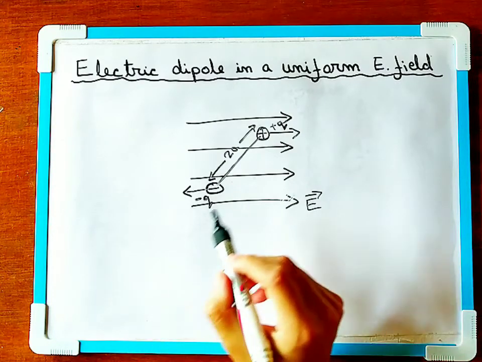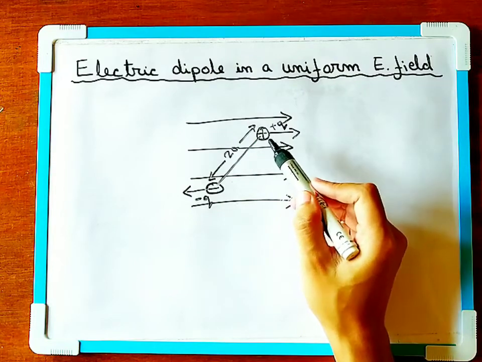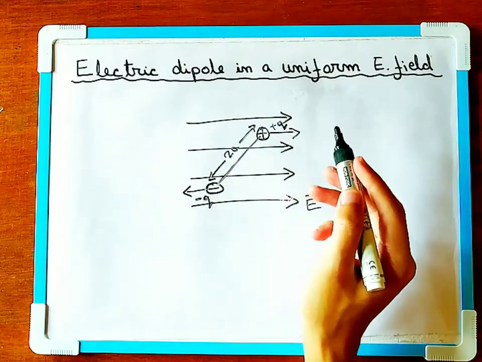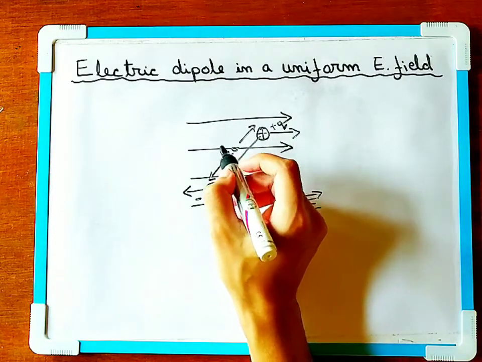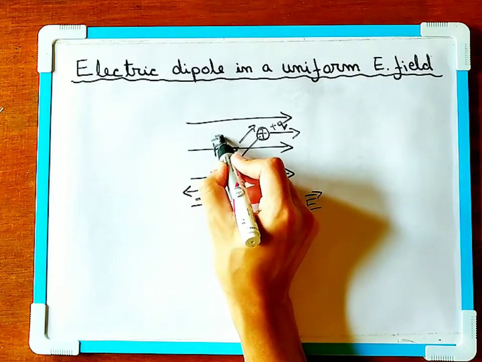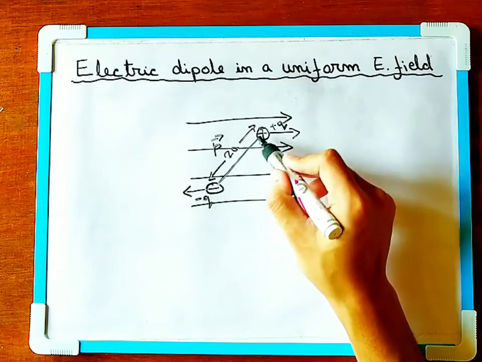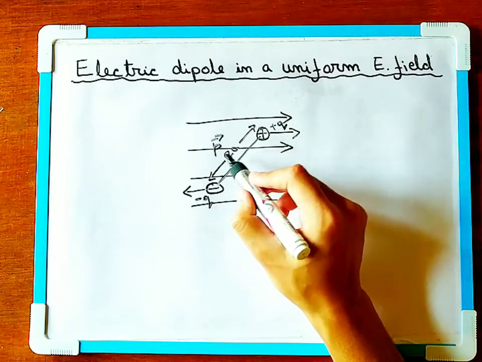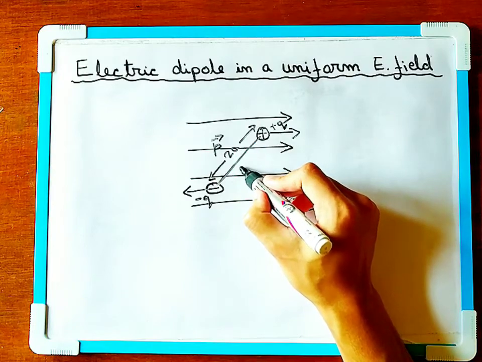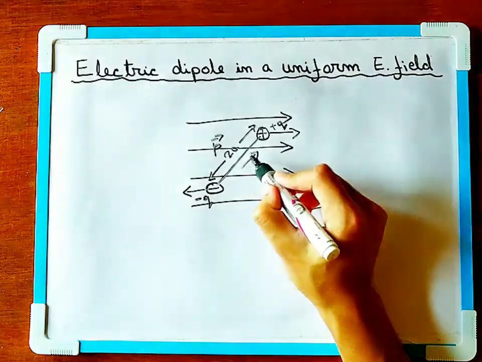Now the dipole moment is directed from negative to positive. So here your P vector, the dipole moment, is directed from this negative charge to the positive charge. So your P vector is directed in this direction.